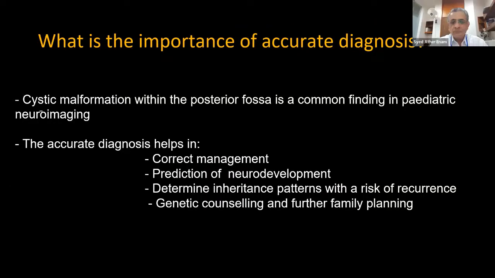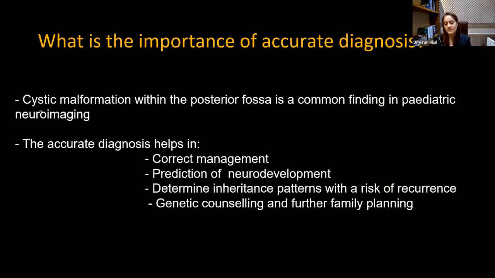But what is the importance of doing the accurate diagnosis of each cyst, each cystic entity? Always remember, if you're a pediatric neurosurgeon, pediatric neurologist, pediatric radiologist, or a neuroradiologist, keep this in mind: the cystic malformations are a very, very common thing in the pediatric population. The accurate diagnosis is important because it helps us in correct management of these different cystic lesions.